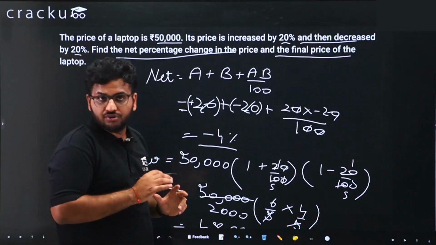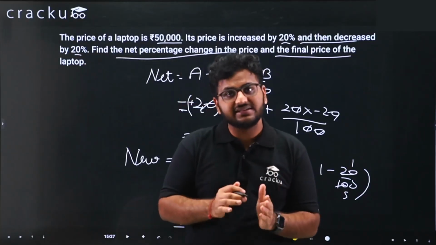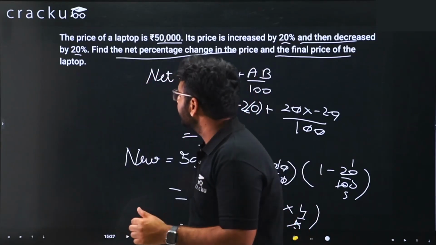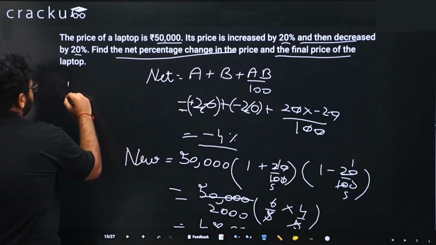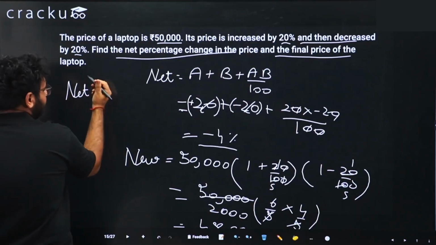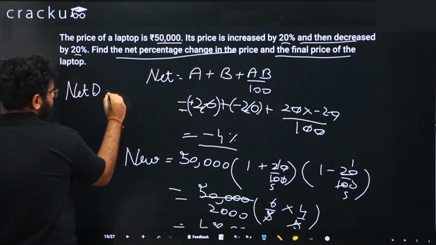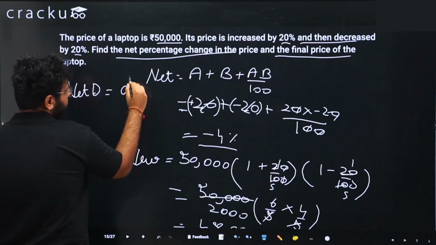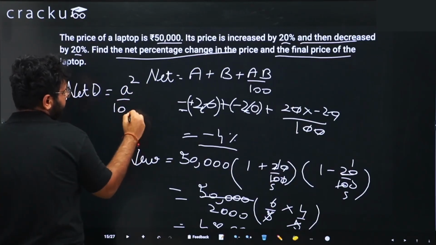Now I will show you a trick. If it is increasing and decreasing both by the same value, then the net change will always be a decrease. So the percentage is A square divided by 100.